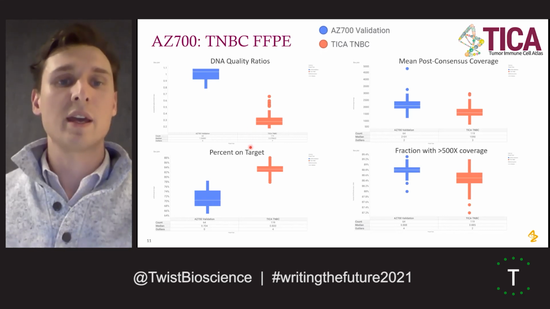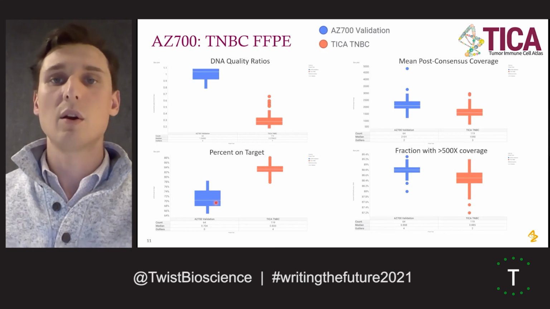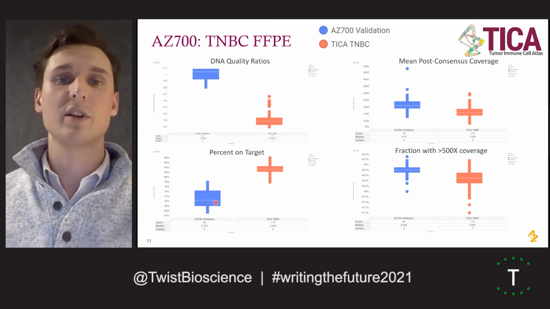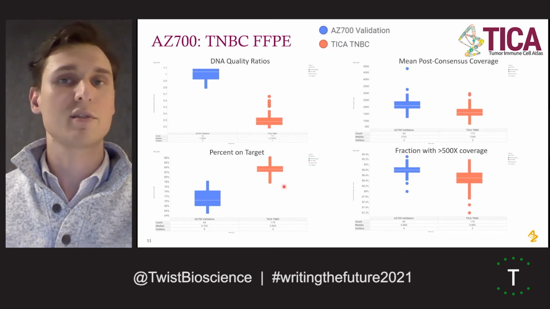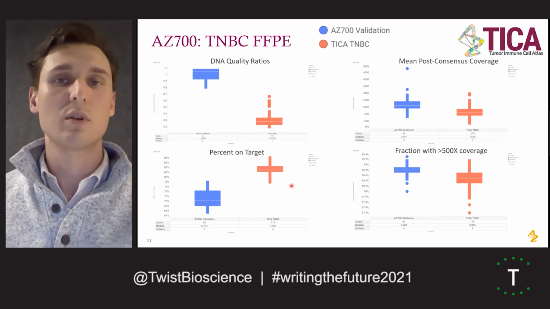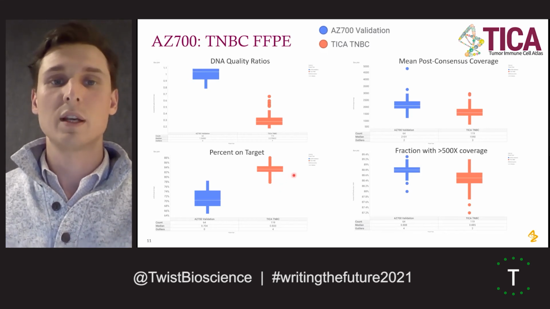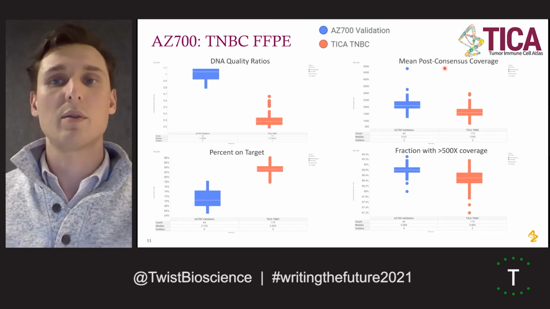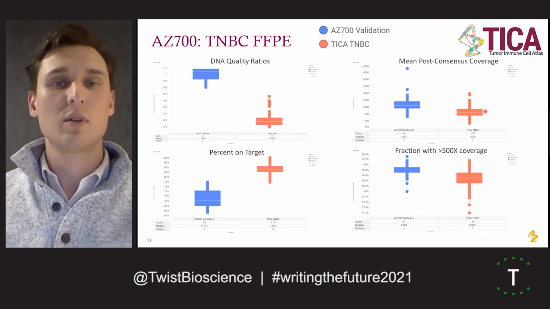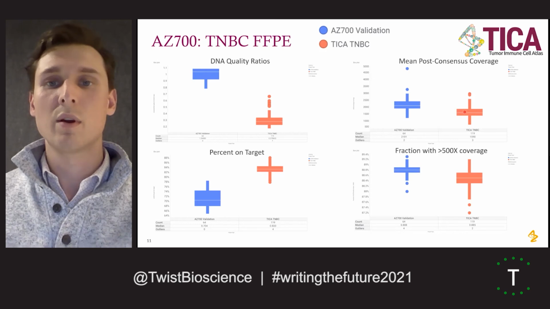But we saw that when we went to sequencing, the percent on target was actually higher than what we achieved during our AZ700 validation. And this was because we identified some process improvements in our heating for our wash buffers. So digging in a little bit deeper to the QC metrics, we saw that the post-UMI consensus coverage was over 1500x for the TNBC cohort.